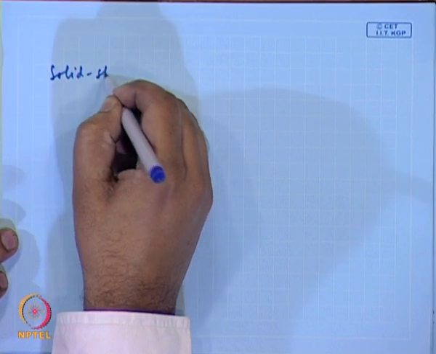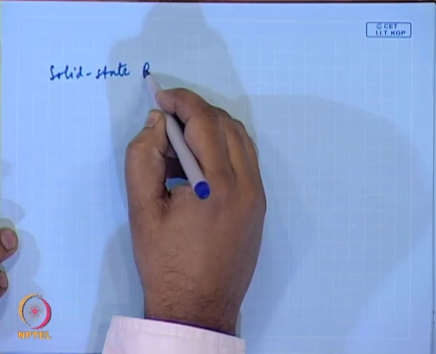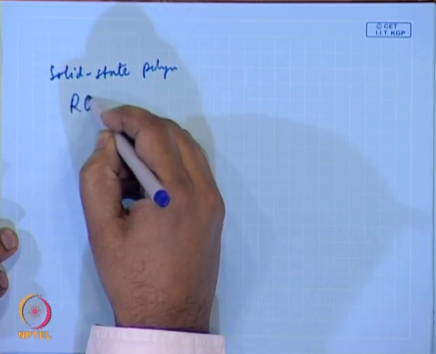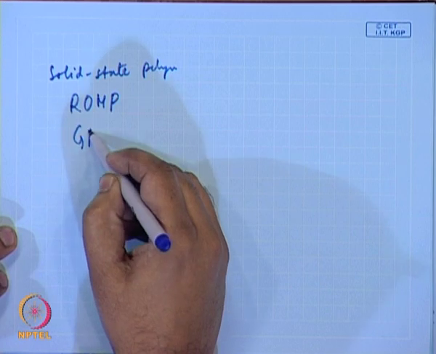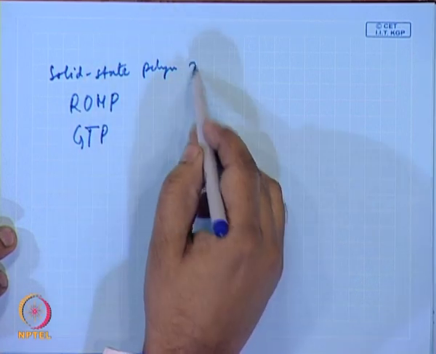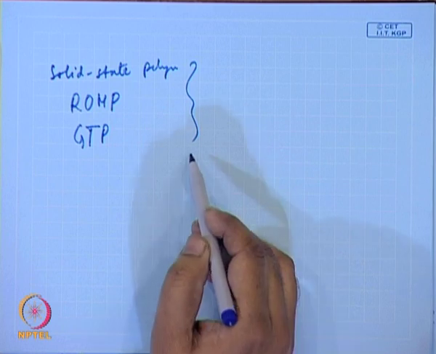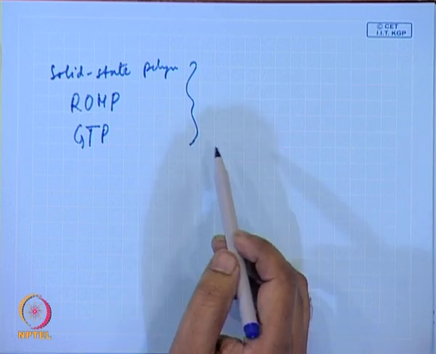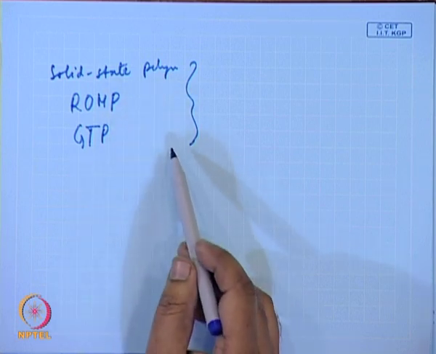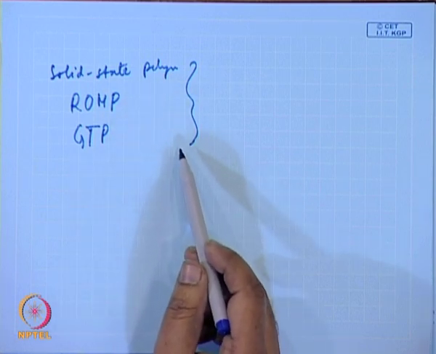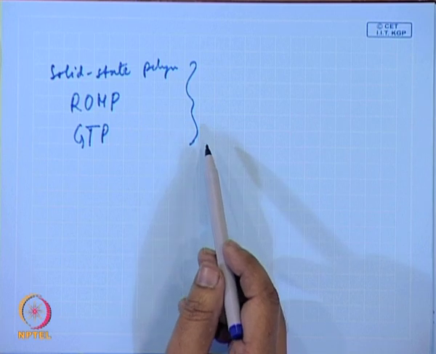For example, solid state polymerization, ring opening metathesis polymerization, or say group transfer polymerization. Now, these are not very common examples of polymer synthesis, and a lot of industrial polymers are not made by these techniques. So, they can be covered in a specialized course on polymer synthesis itself.